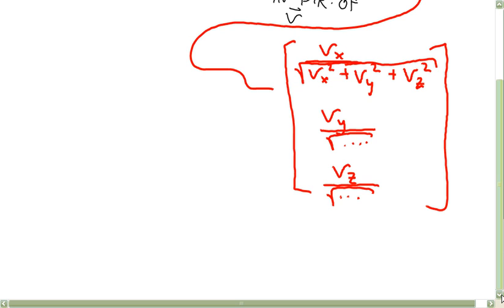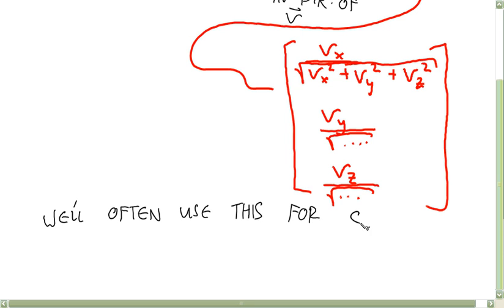The most common case where we'll use this is for calculating cable forces. Because a cable force can only be tension, right?